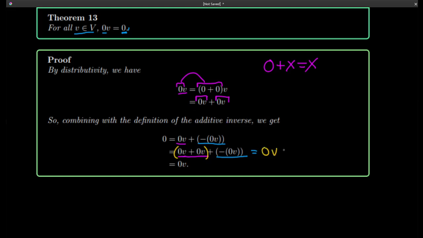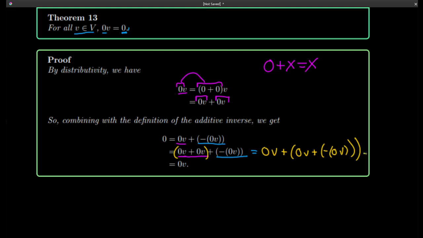So I have 0v plus the quantity 0v plus minus 0v. That is plus the additive inverse of 0v, whatever that thing is. Okay, I could regroup my parentheses, right? Just do some associativity. And then, by the definition of additive inverses, this piece right here is 0.